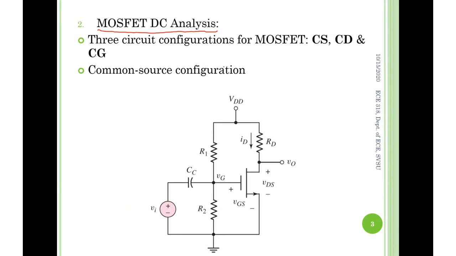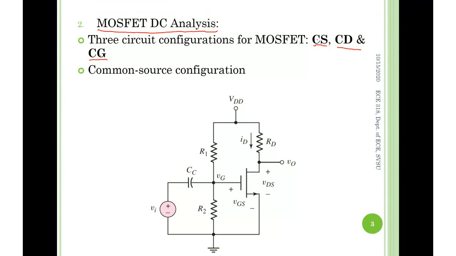First of all, you need to understand there are three MOSFET circuit configurations: CS, CD, and CG. The second letters, S, D, and G, of course, are very meaningful. They represent respectively three terminals: source, drain, and gate.